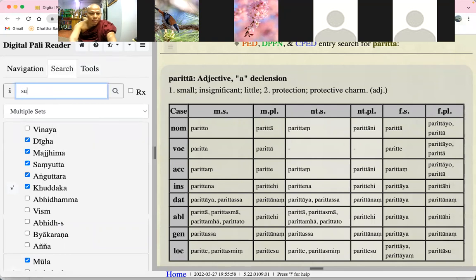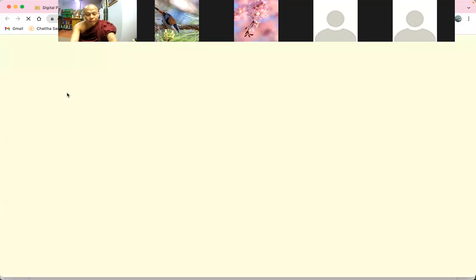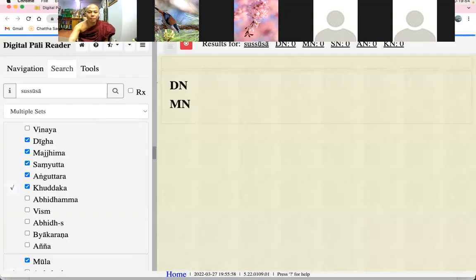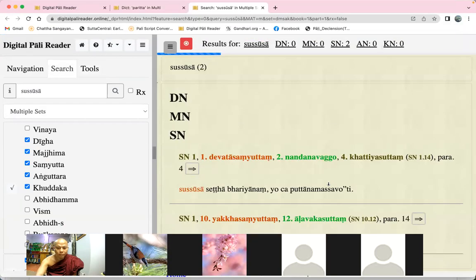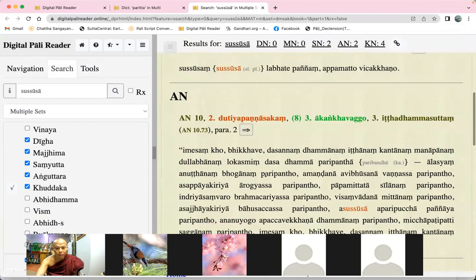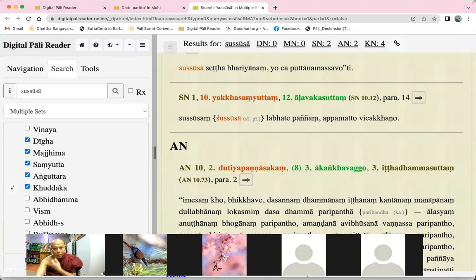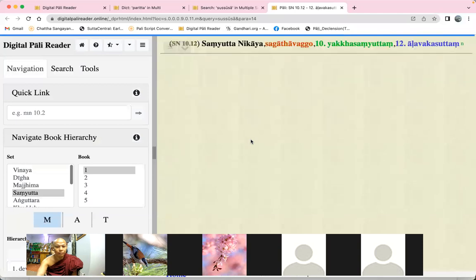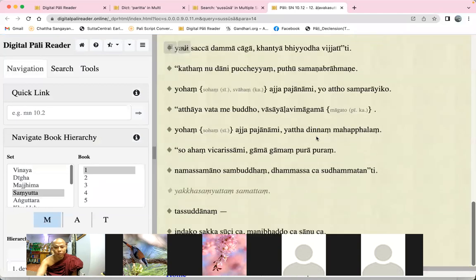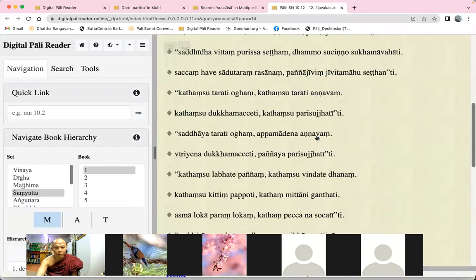That information is in the Samyutta Nikaya. Susa Labadi Binya, so Susan, so Susa, okay, here.